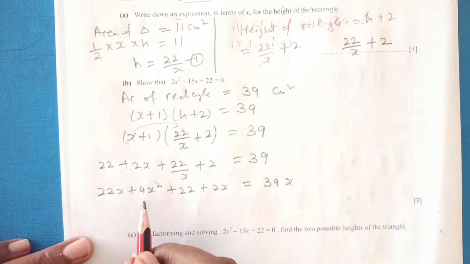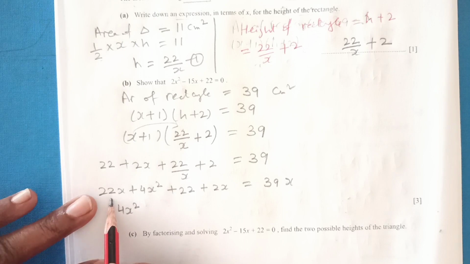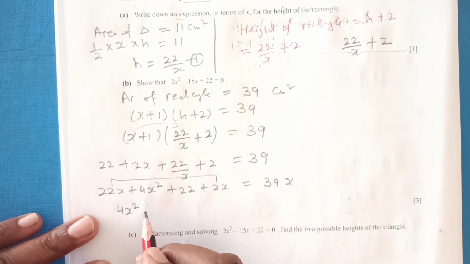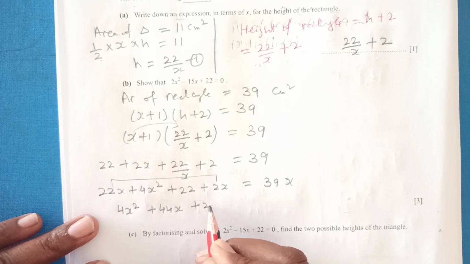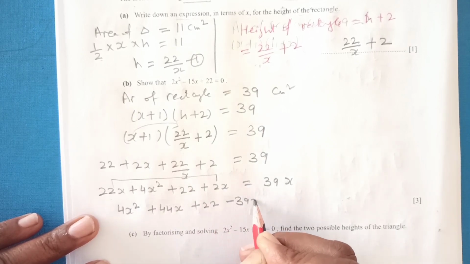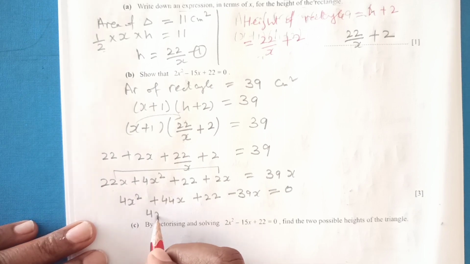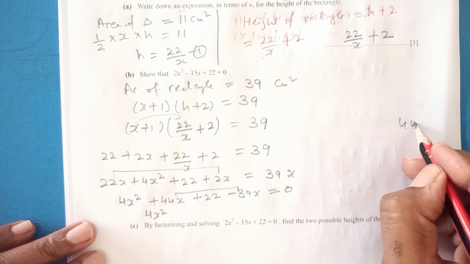So now we have 4x squared, combining the like terms, 44x plus 22 minus 39x, bringing it to the left hand side. So now we have here 4x squared and then 44 minus 39.